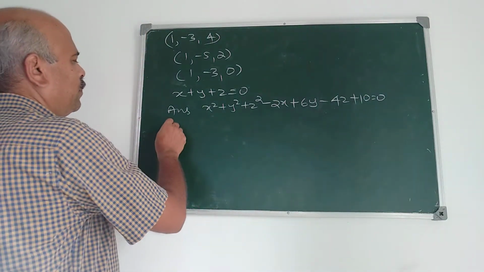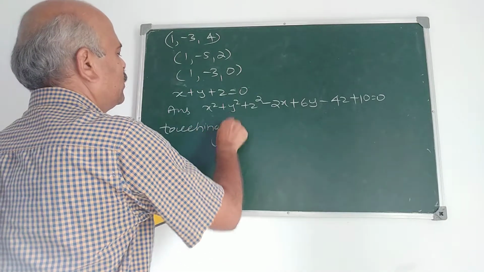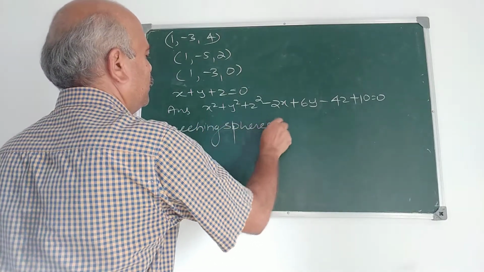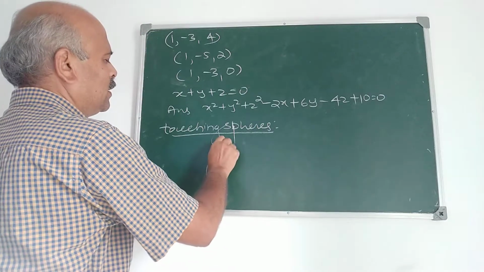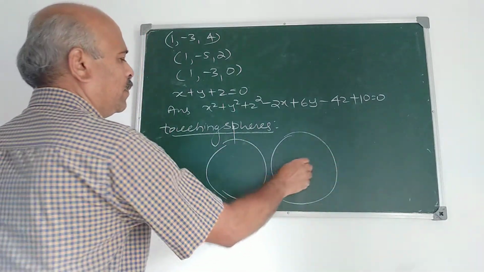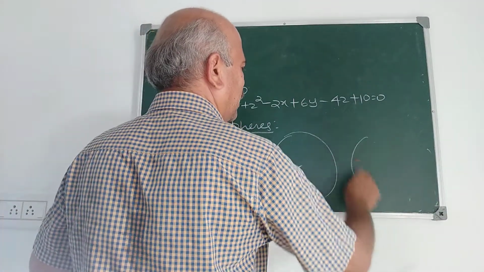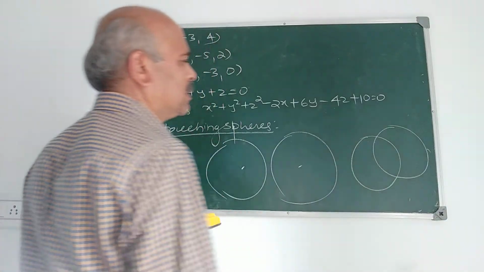Next is touching spheres. Consider two spheres like this. Three cases may be there, and suppose the spheres are like this.